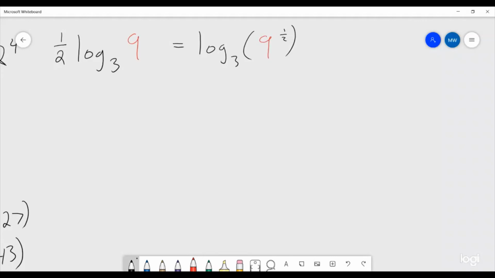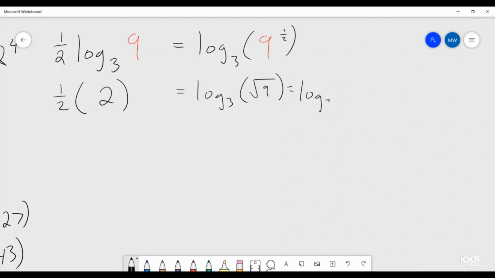Because if we look at this, this is going to be 1/2 of 2, and this is going to be log base 3 of the square root of 9, which is log base 3 of 3, which is 1, and so we see that everything checks out here as well. So these are just some of the different log rules and properties that come up. Keep your eyes peeled and be able to identify these and be able to use them when you need to.